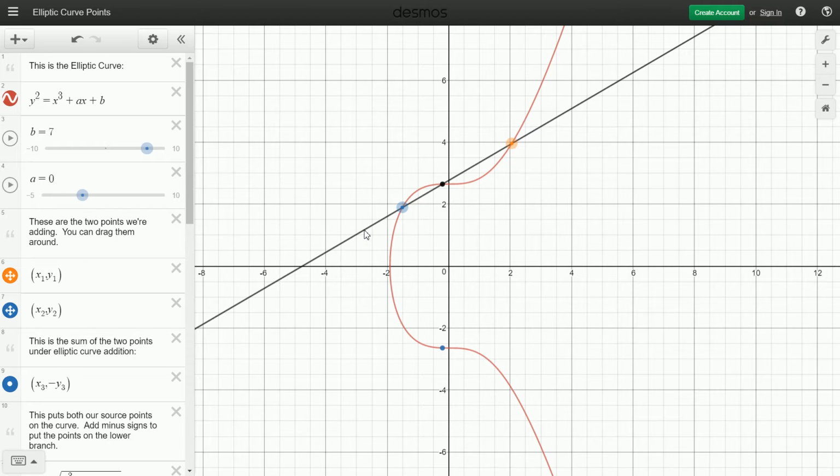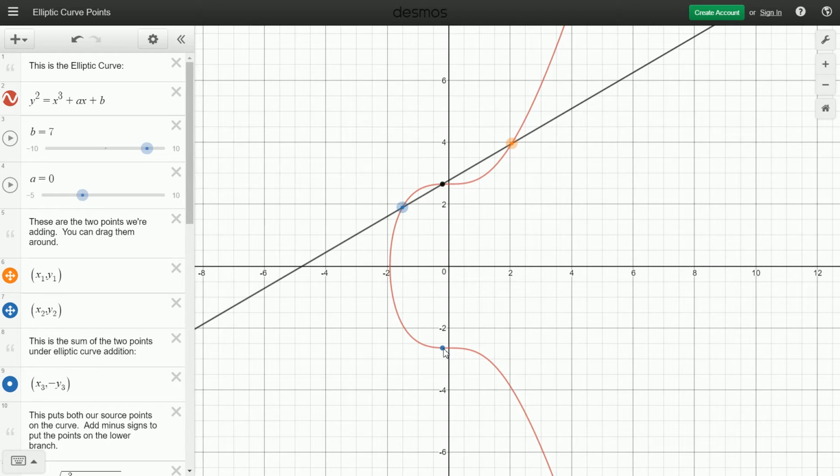The way elliptic curves work is this line will only intersect the red curve in one location other than the 2 that you've already specified. In this case, it's this black point right here. So my orange and blue line intersects the curve right here. And that is not the answer, actually. You have to mirror to the other side, to this point here. That is the addition, the sum of those 2 points.